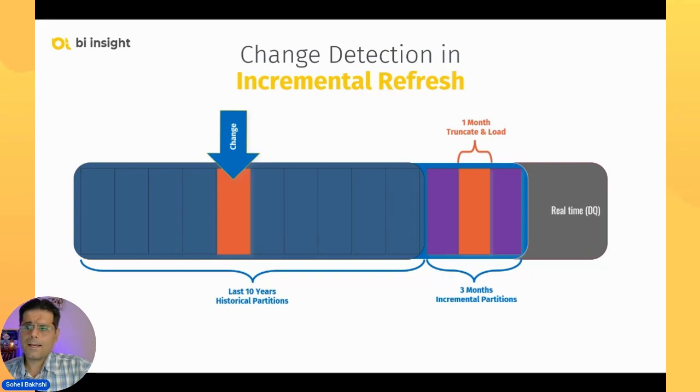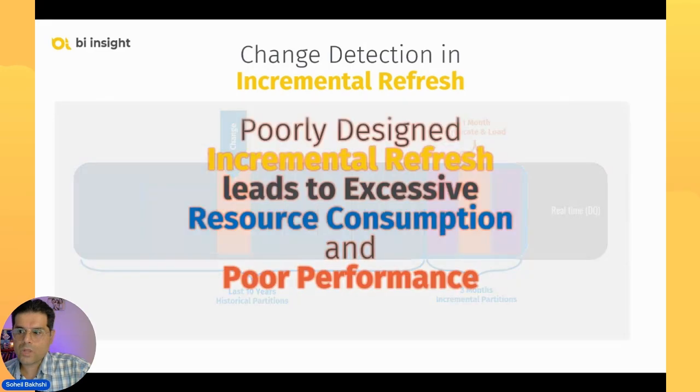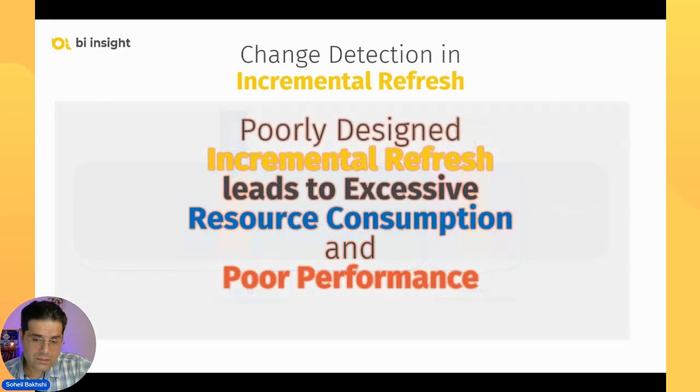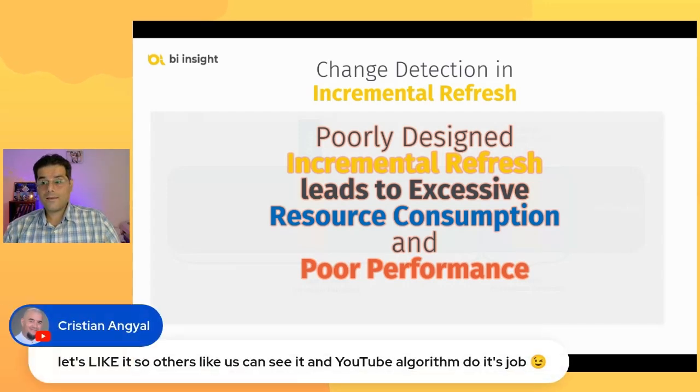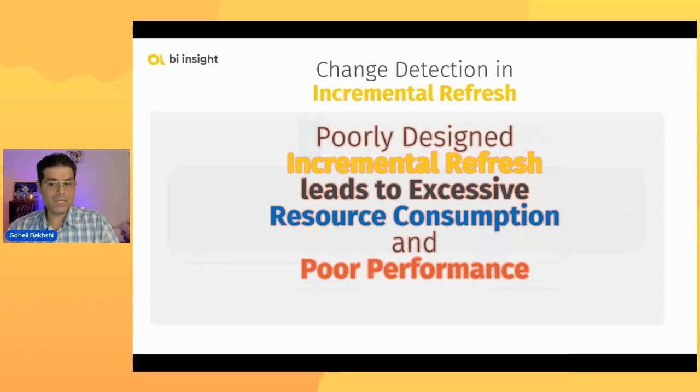So let's say I've done all the change detection and everything is sorted. At the end of the day, a poorly designed incremental refresh definitely leads to excessive resource consumption and poor performance. So incremental refresh, if you get it right, can be the answer.